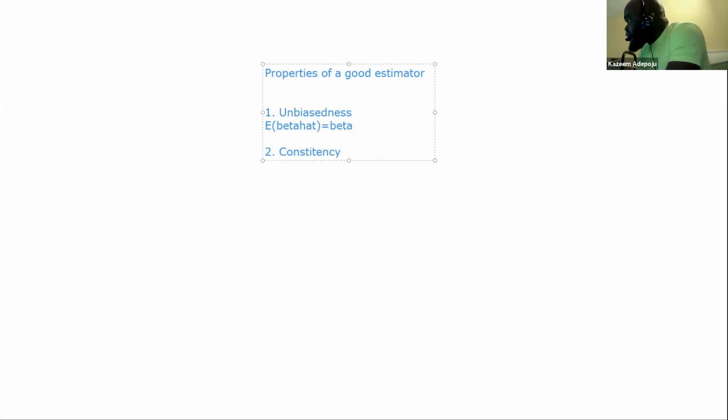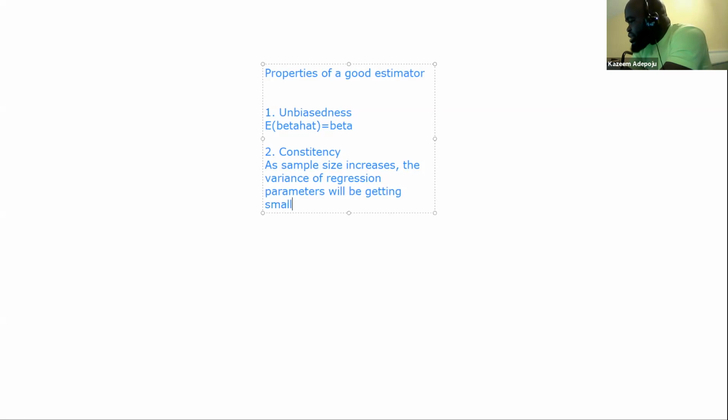Consistency is talking about what happens as the sample size increases: the variance of the regression parameters will be getting smaller.